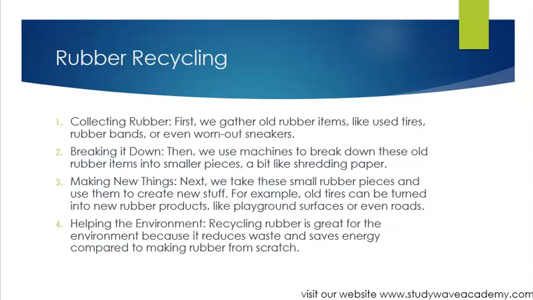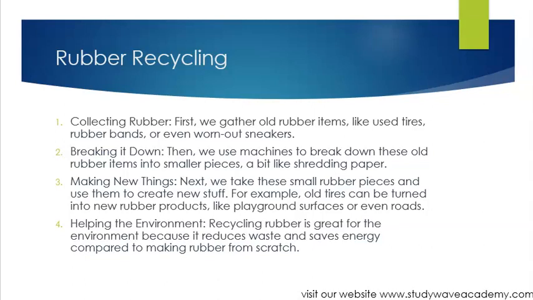We use machines to break down these old rubber items into smaller pieces, a bit like shredding paper, then make new things. Next, we take these small rubber pieces and use them to create new stuff. For example, old tires can be turned into new rubber products like playground surfaces or even roads.